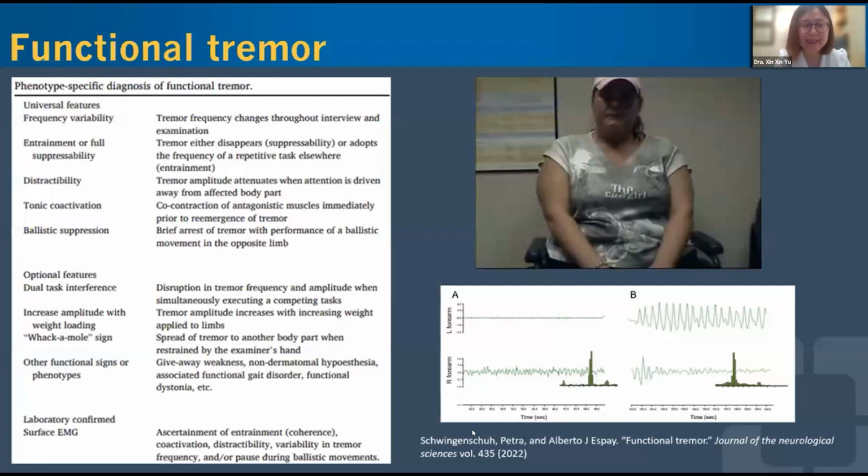Second is entrainment. Entrainment can be demonstrated when the patient is asked to perform a repetitive task with, say, a non-affected hand, and the affected hand might adopt the frequency of the tapping task. Tremor entrainment is really incongruent with any other known tremor syndrome. Thirdly, distractibility. Distractibility means reduction or disappearance of the tremor with a distraction technique.